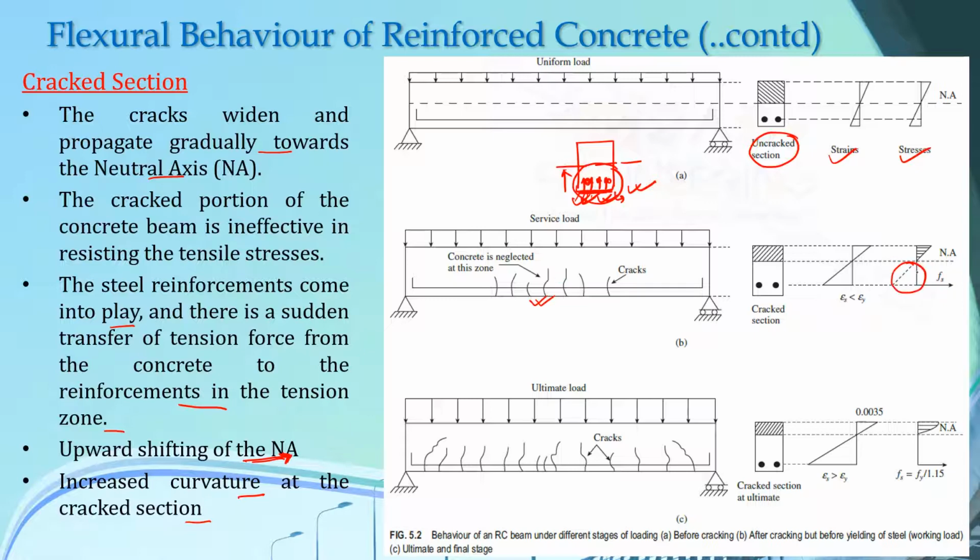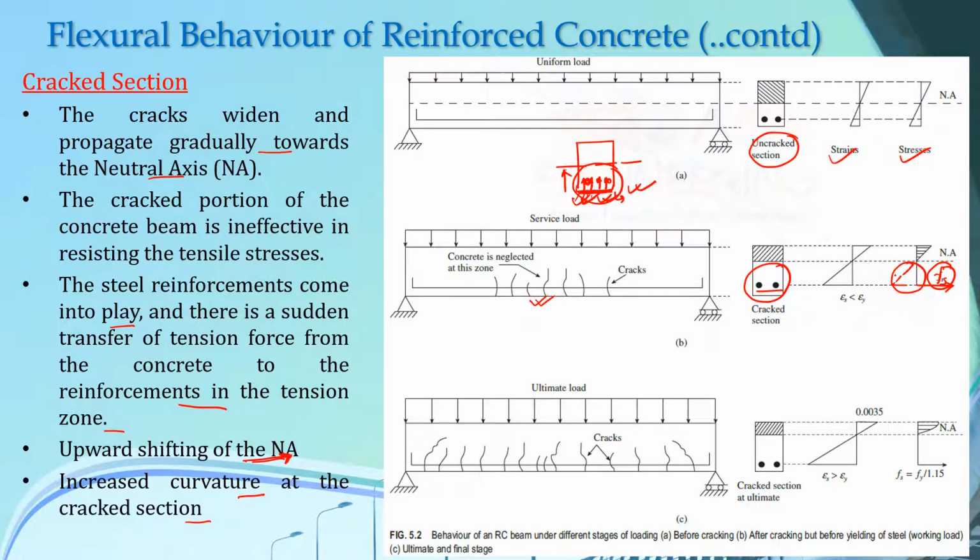This dashed line represents that now the concrete in this tension zone is ineffective and the whole of these tensile forces are now transferred to the steel reinforcement, which is represented as Fs. This is the tension stress present in the reinforcement steel bars. So the dashed line represents the ineffective concrete, the concrete that is ineffective in resisting the tensile forces here.